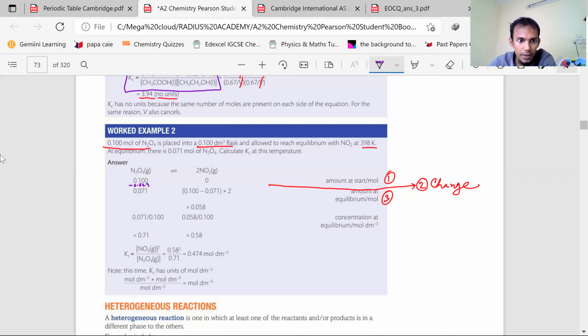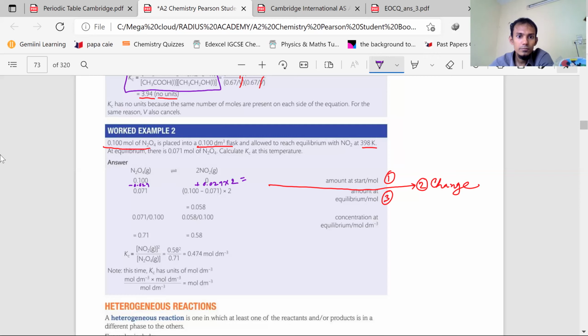What is the change at the product side? Positive 0.029, and what is the mole ratio? 1:2. So if the change of reactant is 0.029, the change of product should be times 2. Do you understand? And what is that?